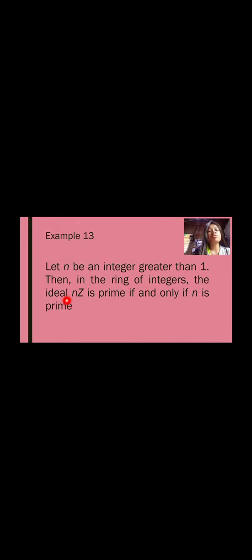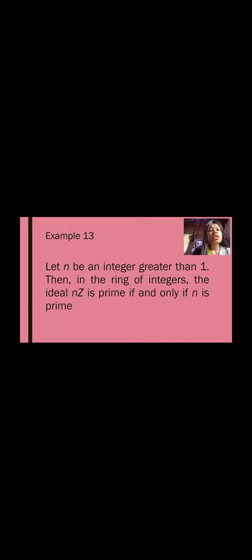Example: let n be an integer greater than 1. Then, in the ring of integers, the ideal nZ is prime if and only if n is prime, like 2, a prime number greater than 1. n is an integer greater than 1 since it is a prime number.